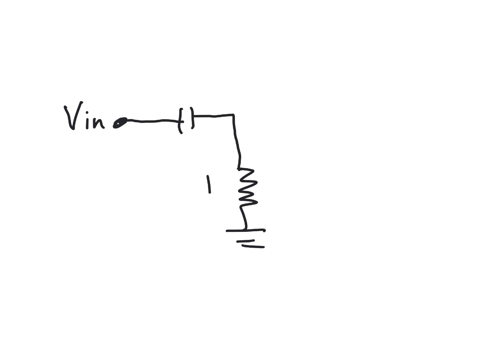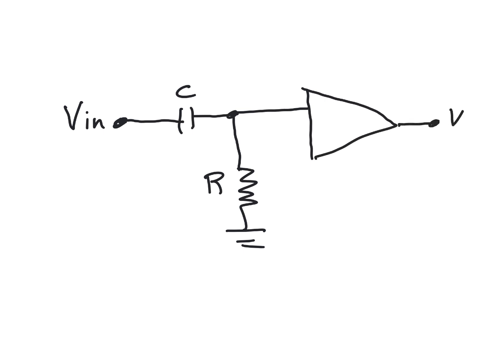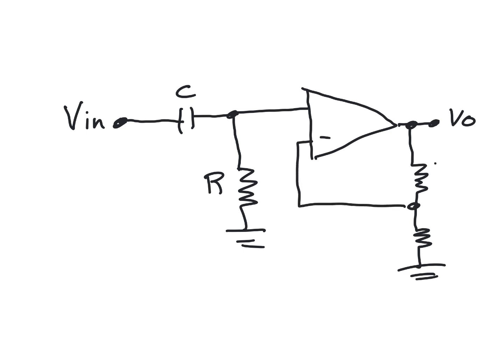So we're going to have the input signal Vin, this will be resistor R, and this will be capacitor C. Again, just our non-inverting amplifier.